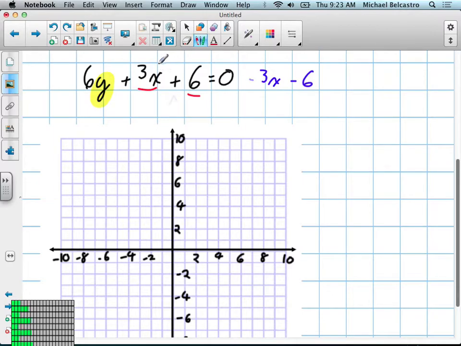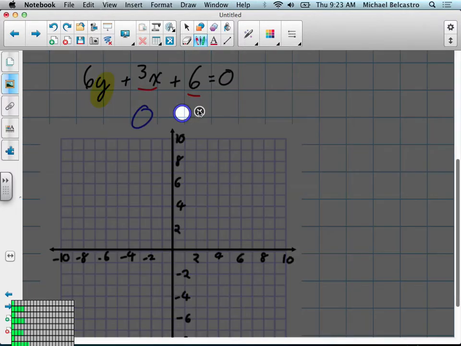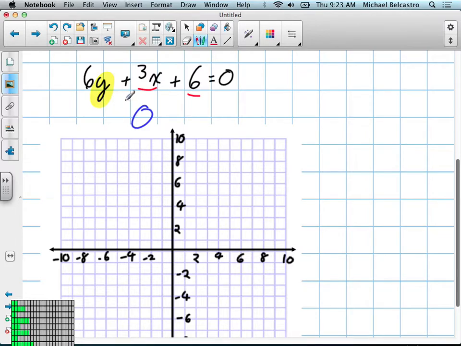What we're really doing is we're applying negative 3x to both sides of the equation, and these create a 0. Same idea with here. We're actually subtracting 6 and subtracting 6. Because if you guys remember, with balancing equations, whatever you do to one side, you must do to the other. But the only thing is when we subtract by 6 and subtract by negative 3, we end up with 2 zeros. And when you add 0 and 0, it doesn't change what was already there.